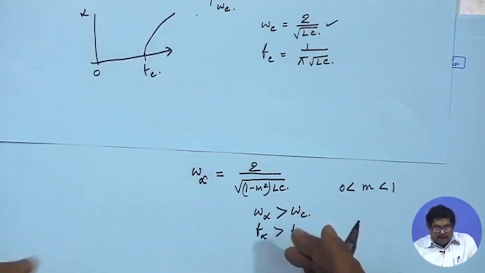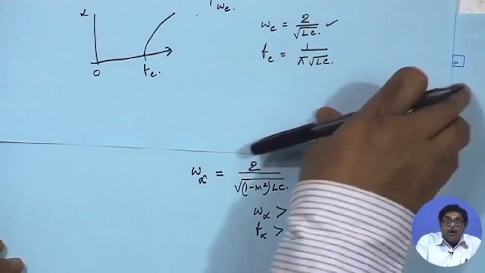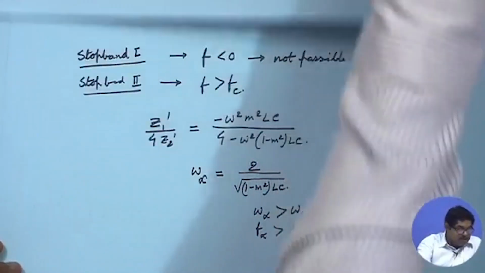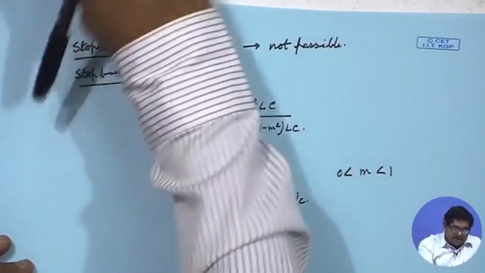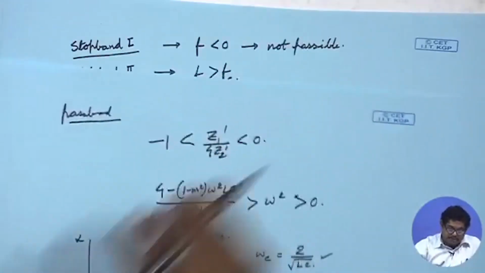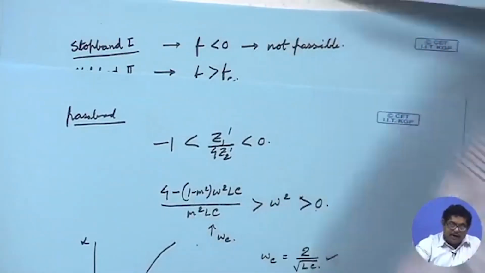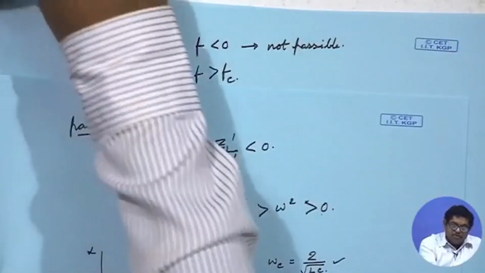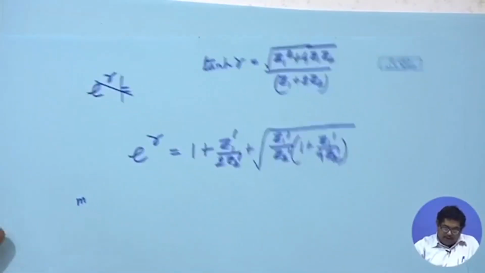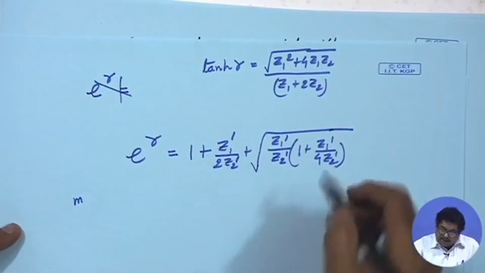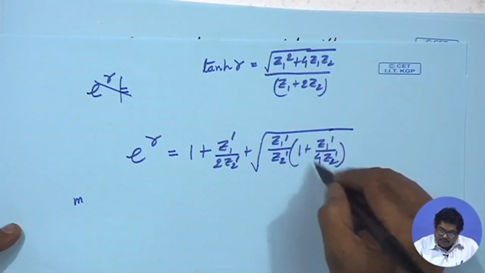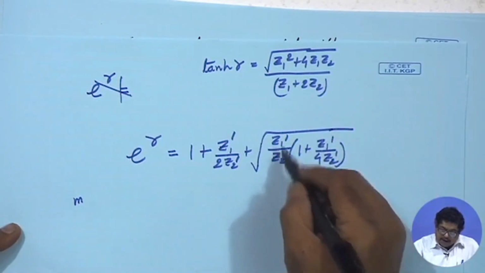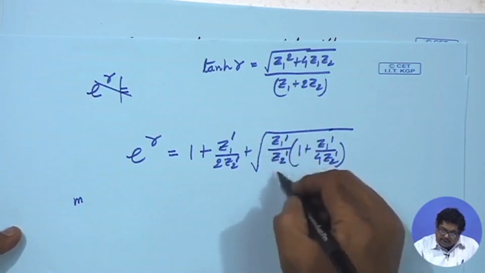So, in this band there is a pole, but what happens to the alpha there? Let us see the e to the power gamma expression, that will indicate what happens there. So, you see that e to the power gamma expression is this. Now, here this term is going to infinity. Obviously, at that point this term will also be high.